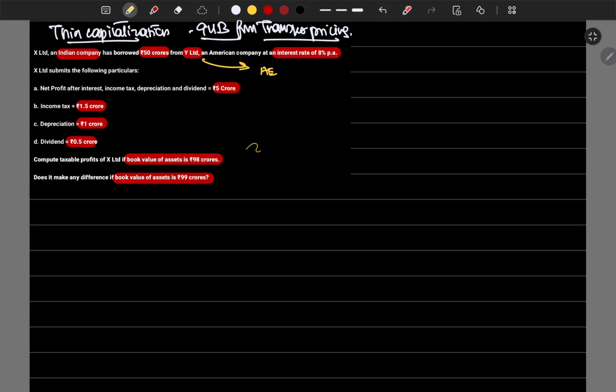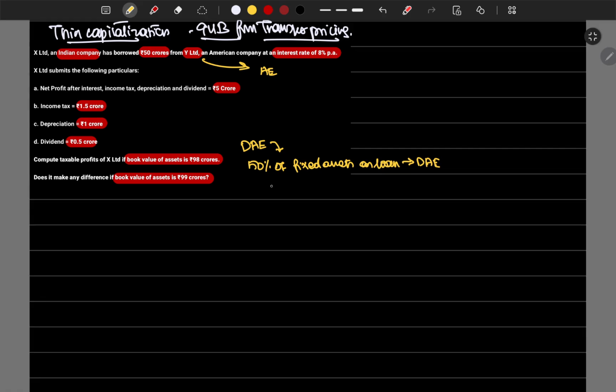They are saying that the deemed associate enterprise provision is coming here. If 50% of fixed assets are given as loan, they are deemed associate enterprises.